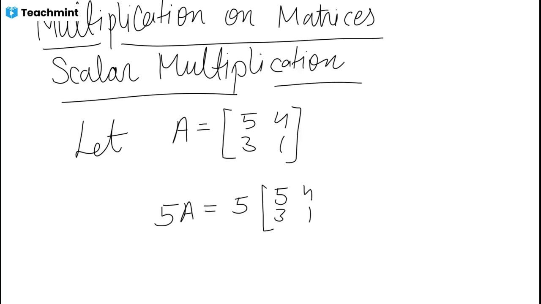That means we multiply all elements with 5: 25, 20, 15, and 5. So this is said to be scalar multiplication. Okay. Understand?